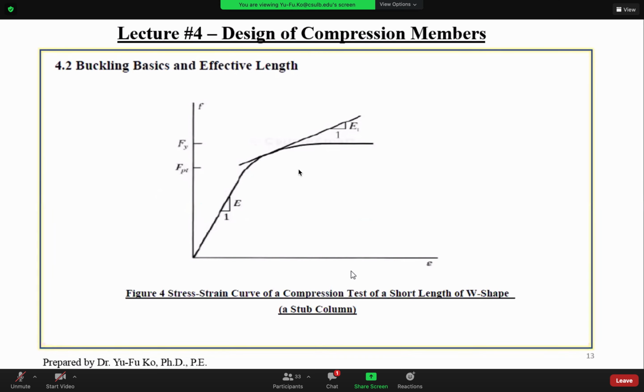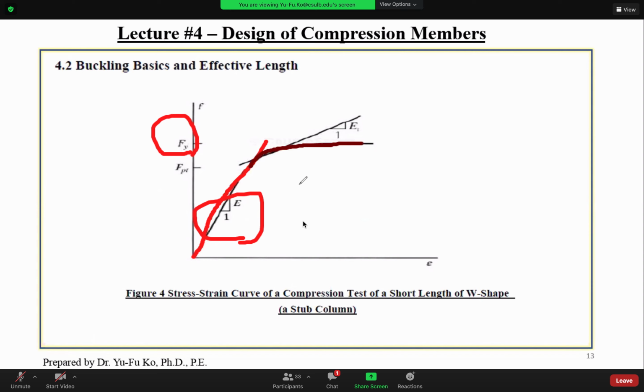As you can tell, the initial line in the elastic range is what we call the Young's modulus. The Fy here is the compression yielding. When you keep compressing, it will yield, and when you yield, you become this.